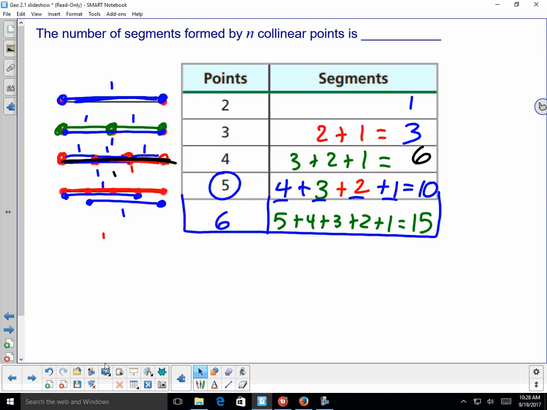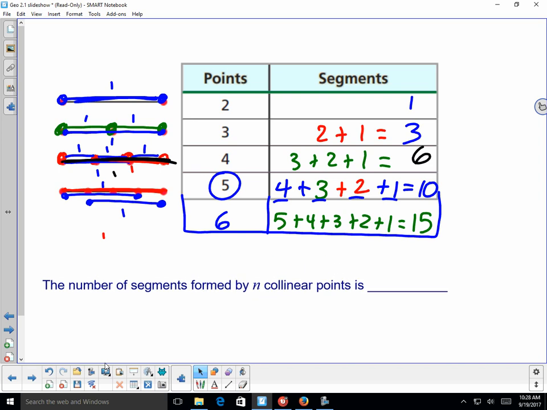The number of segments formed by n collinear points is, slide this down here so I can write on this. So the number of segments formed by n collinear points would be really, we'd have to add up all of these.